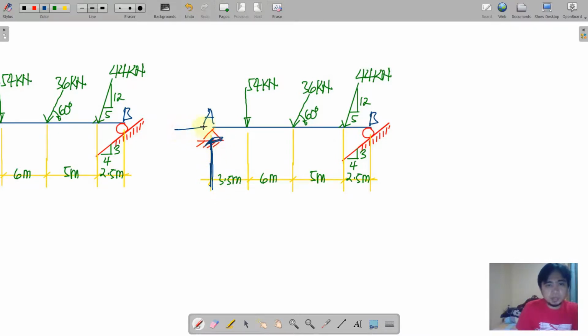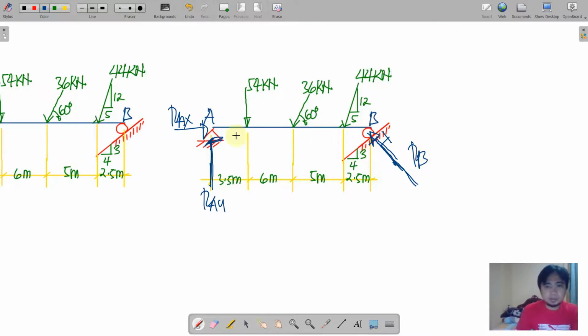There will be two reactions here because obviously there are horizontal components of these diagonal forces. Say this is RAY and this is RAX, and the roller, as I have said, is going to follow the surface where it is rested. Okay, so this is a perpendicular line there. Say this is the reaction at B.